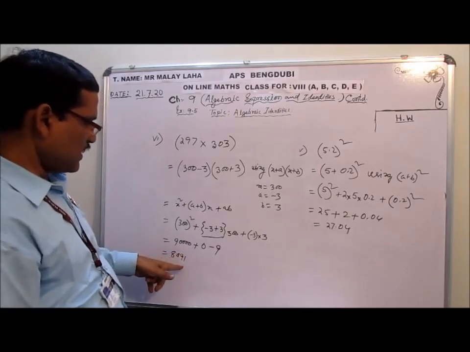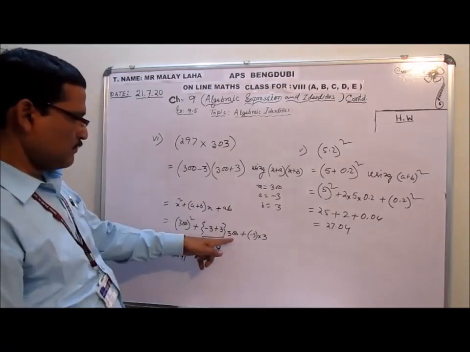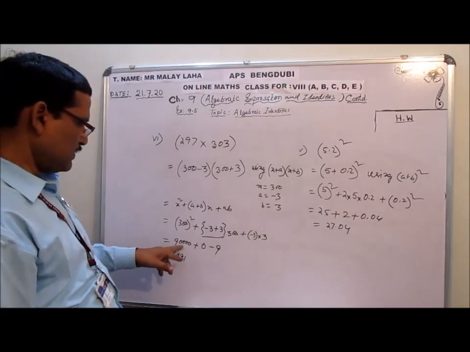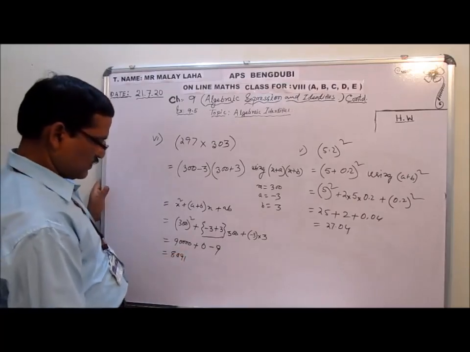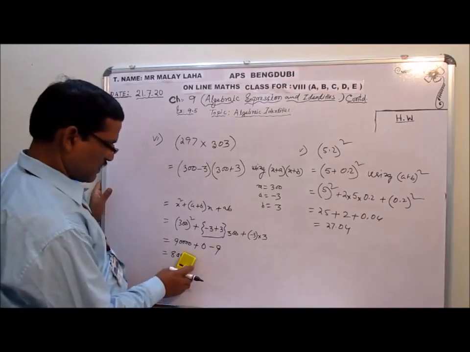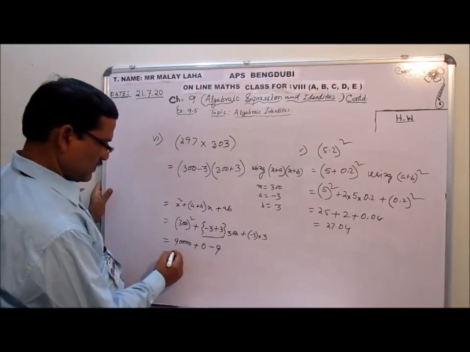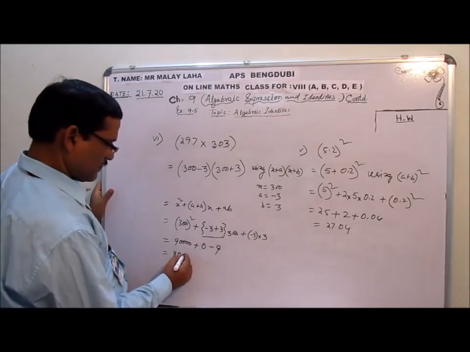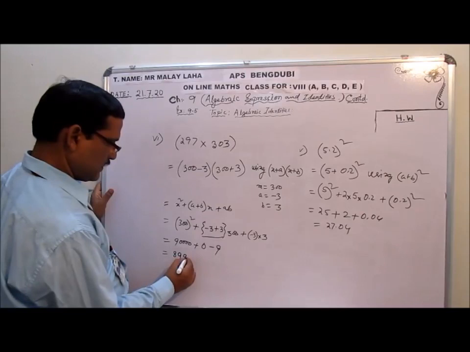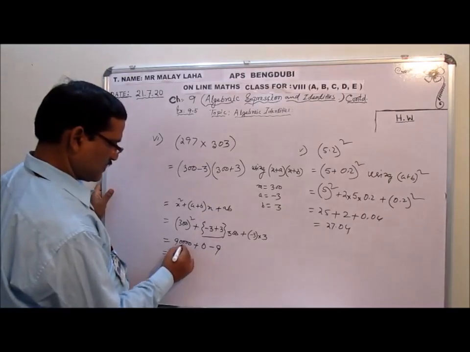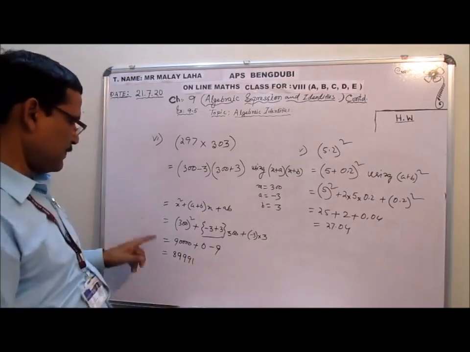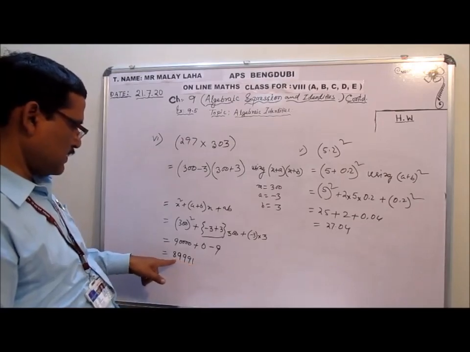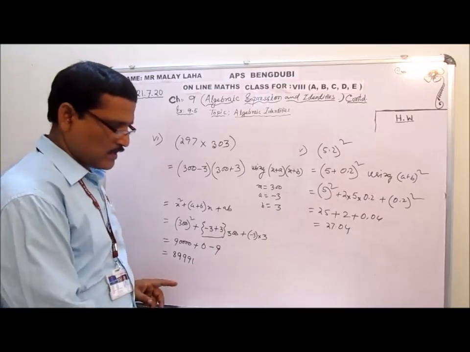This one multiplied by 0 is cancelled. Okay, this is correct. Have you understood?